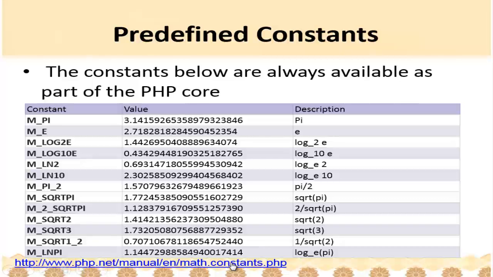I have given you a link if you are interested in how many such other constants are available. You have square root of pi, 2 by square root of pi, square root of 2, square root of 3, and 1 by square root of 2. If you want to use that in a highly scientific calculation, you can always do that.